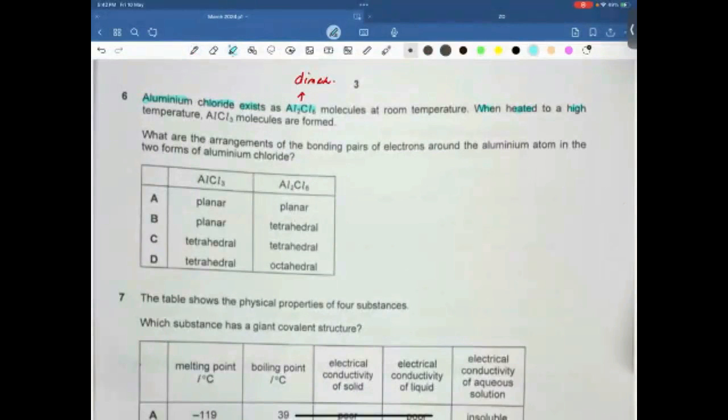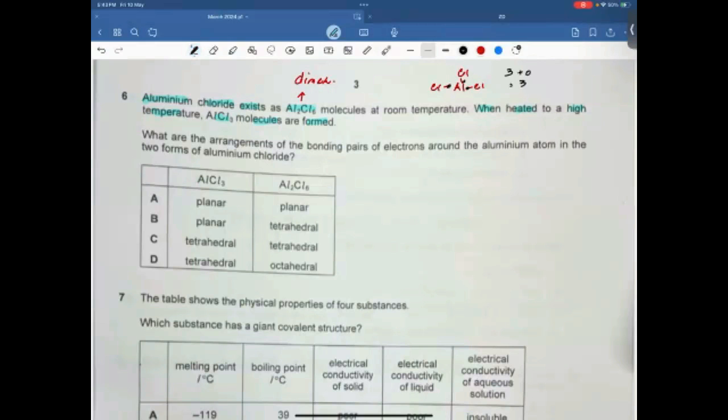When heated to a high temperature, AlCl3 molecules are formed. By the way, this is the structure of AlCl3. We have 3 electrons in the valence shell of aluminum, and those 3 electrons are involved in the bonding, which means around aluminum we have 3 bond pairs or single bonds, and there is no lone pair.